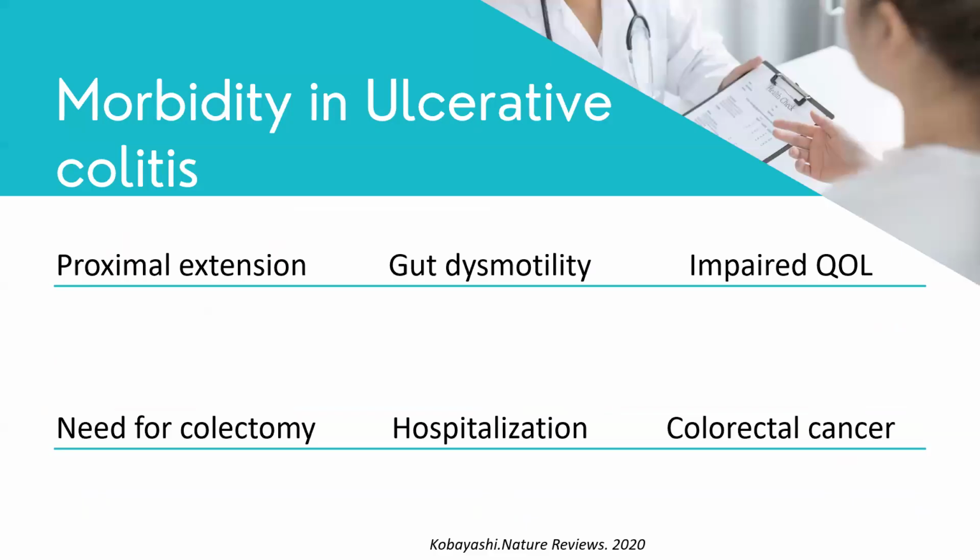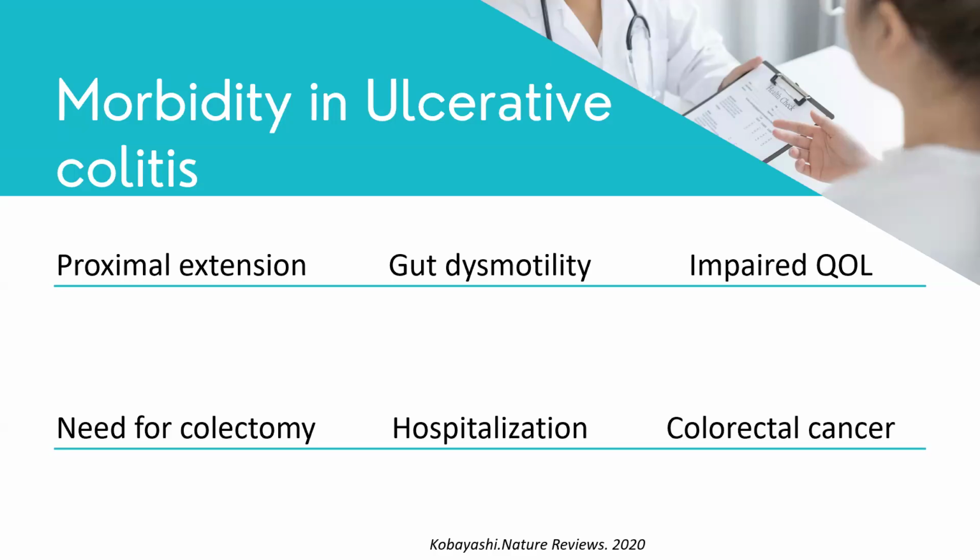So why are we so concerned about ulcerative colitis? Although sometimes you can present with just inflammation within the rectum, the disease can evolve even with treatment. Initially you can present as proctitis, but later on it can evolve to involve the colon, and therefore have complications like gut dysmotility.